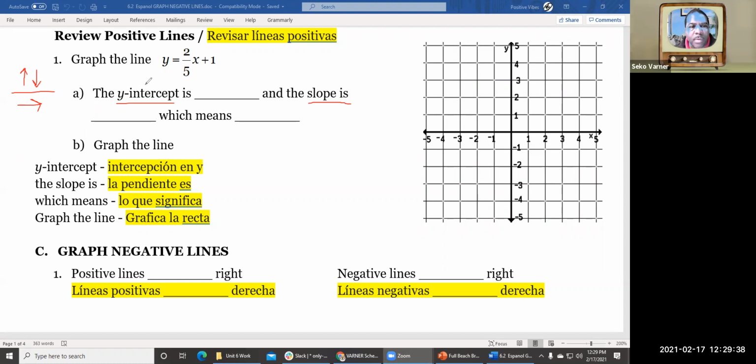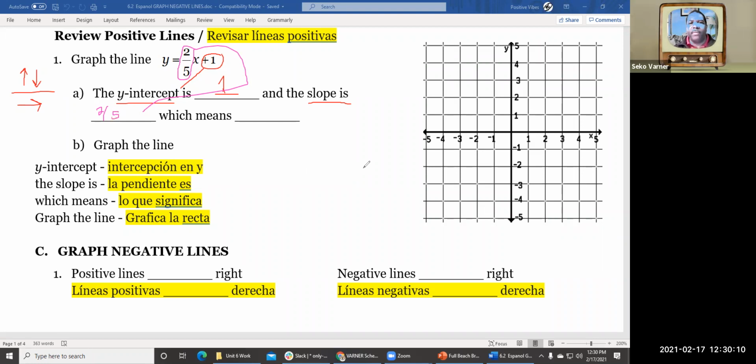So the y-intercept is right here. That's the y-intercept. So you say that 1 is the y-intercept, okay? And the slope, remember the slope is always a fraction. So here's our slope. So our slope is 2 over 5.